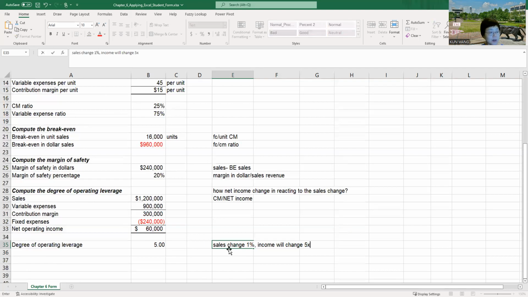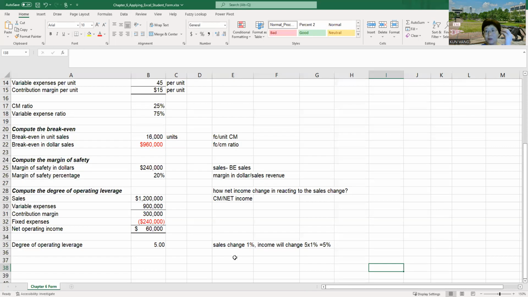The leverage multiplied by the percent. Why do we use this? Without any calculation, you can say for sure my net income will react by 5 times. So the leverage power is 5.